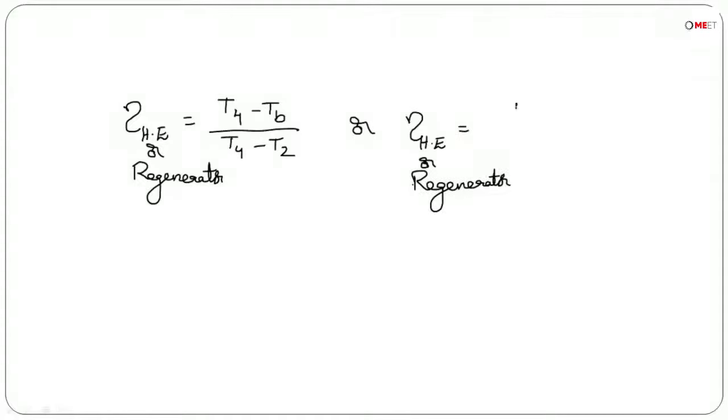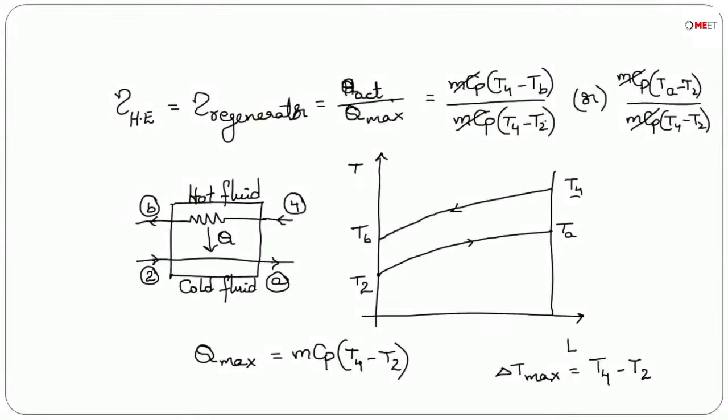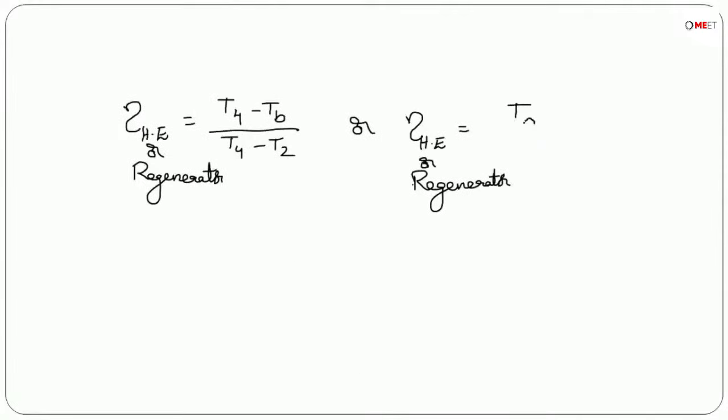This will be equal to (TA minus T2) by (T4 minus T2).